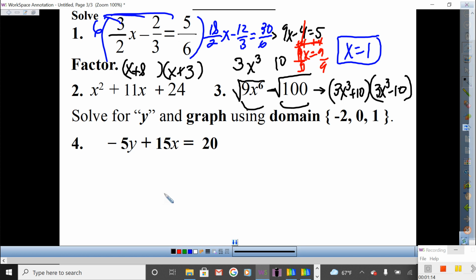Isaiah, y equals what for number 4? You turned out. That was good. 3x minus 4. Hands up if you got that? Yes? So domain, let's see, x, negative 2, 0, 1. So my range, pass the one.